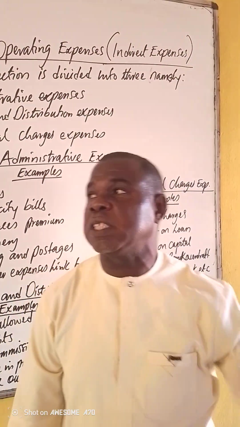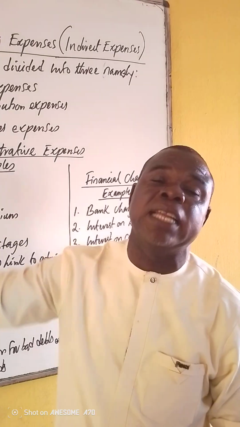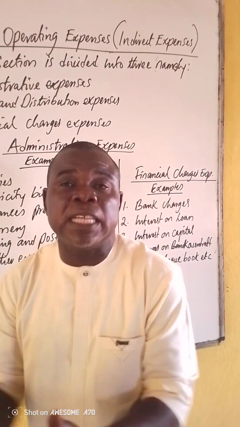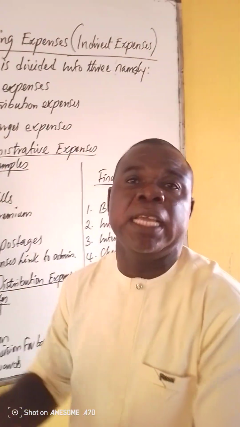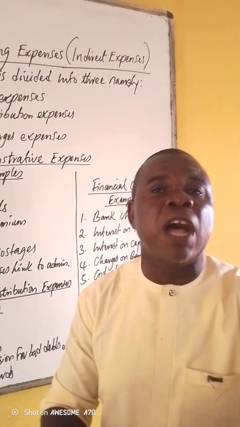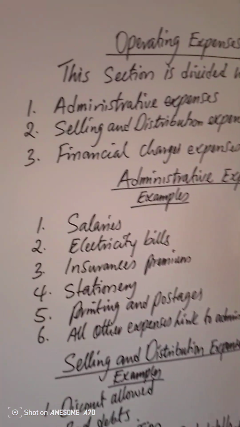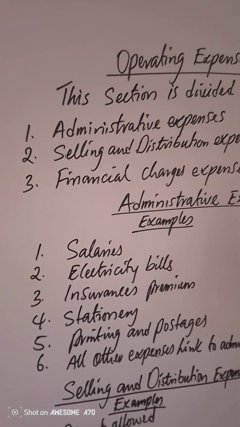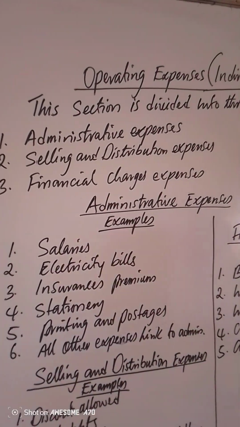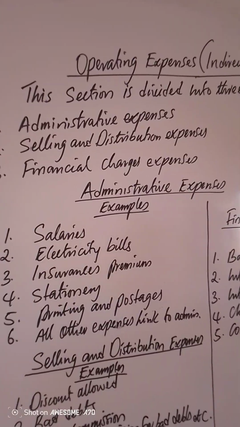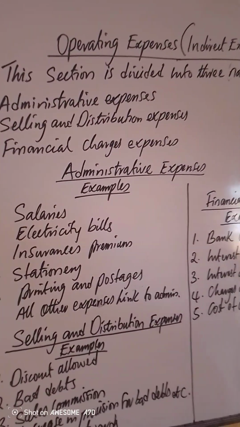But as you go professionally, based on International Financial Reporting Standards, these expenses are grouped under these headings so that every expense has a section where it falls. This is the standard we are following, so that you can solve accounting at any level, professionally or otherwise. So let's look at these expenses as they are grouped accordingly.